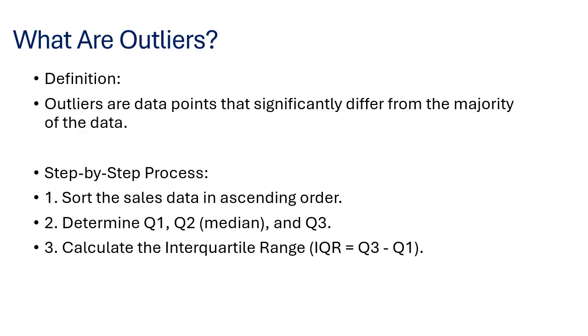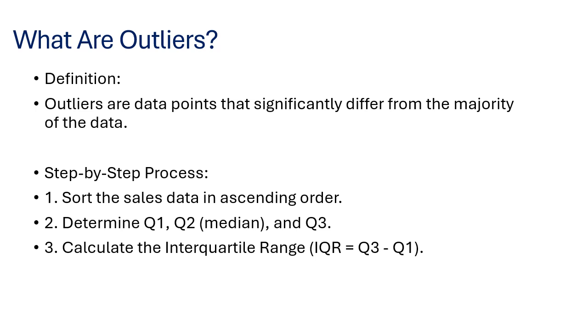So what are outliers? In the previous part, we saw that Elon Musk is an outlier. Outliers are data points that are significantly different from the majority of the data. How to spot them? First, you have to sort the data in ascending order, from the smallest to the largest.